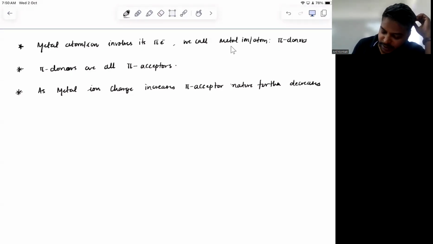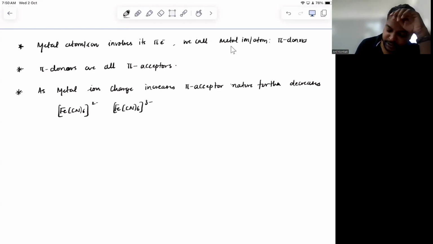Which means if I take FeCN6 2 minus and FeCN6 3 minus and compare these two, both cyanides are pi acceptors here.